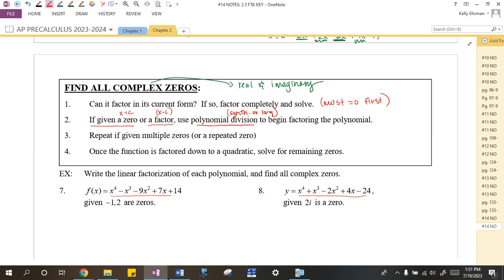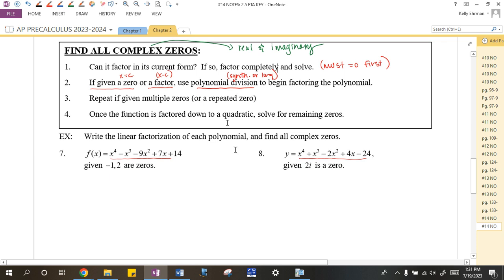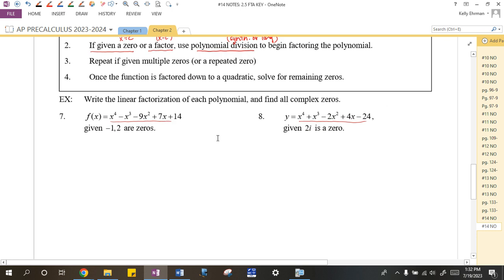And in the end, you'll know you're finished when you get this down to a quadratic, because we can solve any quadratic using the quadratic formula if we need to. So once we have all the zeros, we can write the completely factored form and find all the zeros, and that's our goal here. So let's look at some different scenarios.